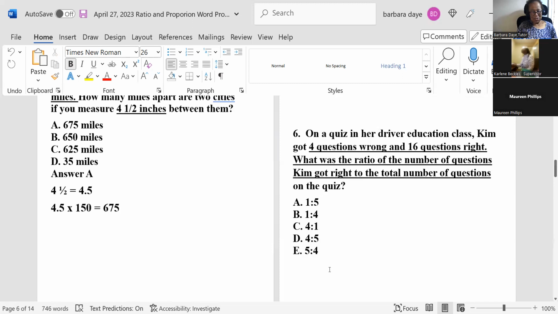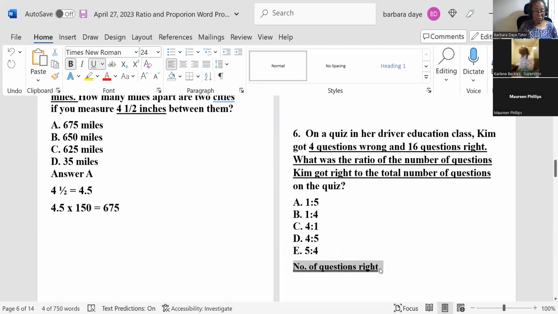So the ratio you're looking for is number of questions right. That's 4 right, number of questions right, but this is over the total, right?